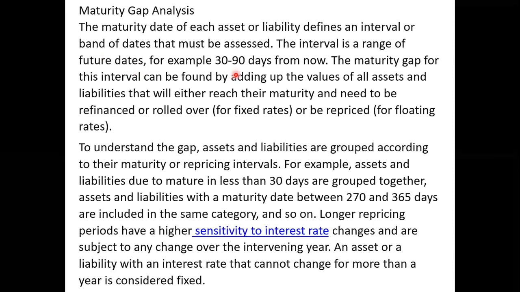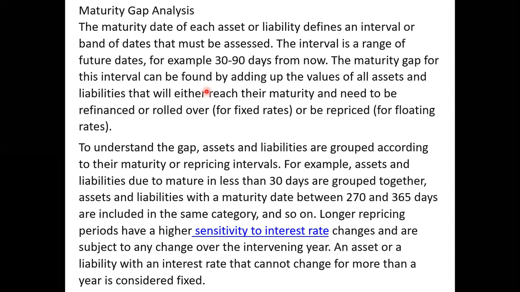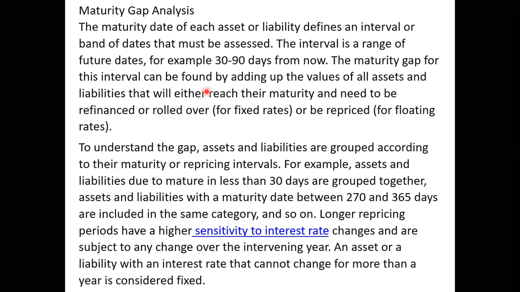In the case of a loan, a 30-day loan, or a 1 month to 3-month loan from now. The maturity gap for the interval can be found by adding up the value of all assets and liabilities that will either reach maturity and need to be refinanced or rolled over, or be repriced if floating rate.